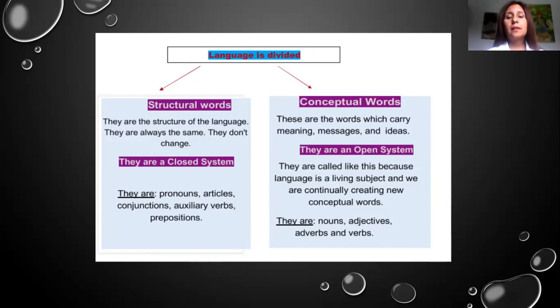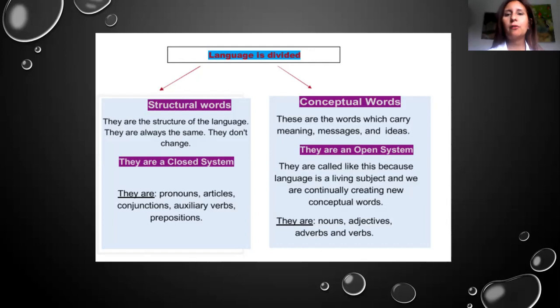They are called like this because language is a living subject, and as we are continuously creating new conceptual words, that's why they are known as the open system, okay? Because language is dynamic and it is always changing, okay? They are developing and it is creating new words, okay?